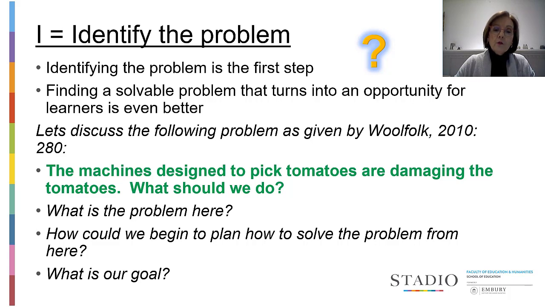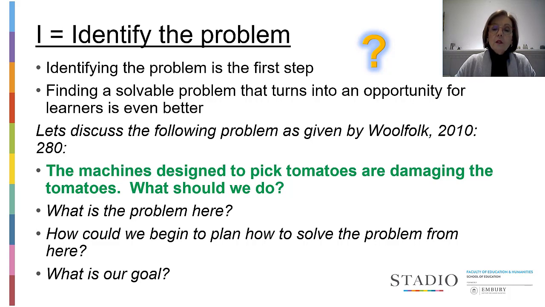But you know what? Interestingly enough, the more you think about this particular problem, you can think about it the other way around. And you could say, well, there's something about the tomatoes, maybe it's in terms of their shape or their size, that is in fact now causing havoc with the machines. And the tomatoes need to be redesigned in another way.